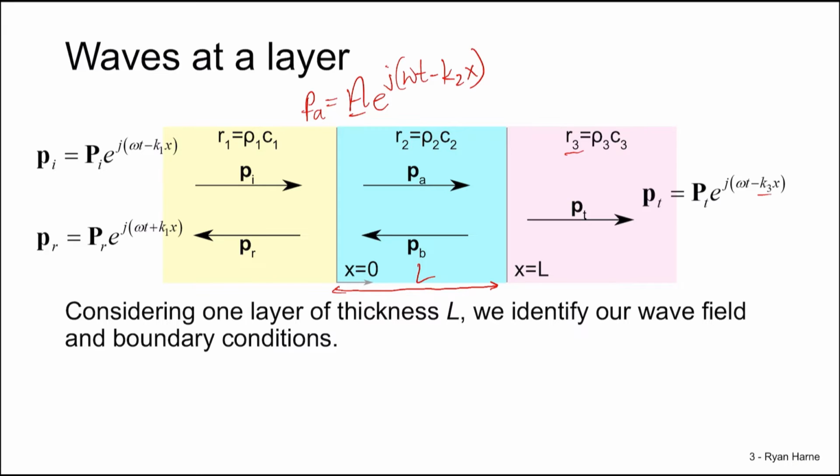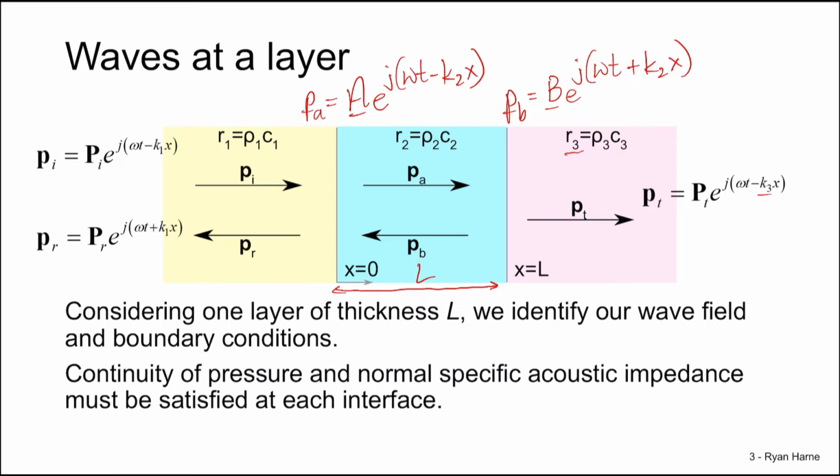The reflected acoustic pressure in the layer is lowercase p sub b, equal to capital complex B e to the j omega t plus K2x. We still have the same boundary conditions here that we had before: continuity of acoustic pressure and continuity of normal specific acoustic impedance. On the other hand, we have to apply continuity at both of the interfaces.